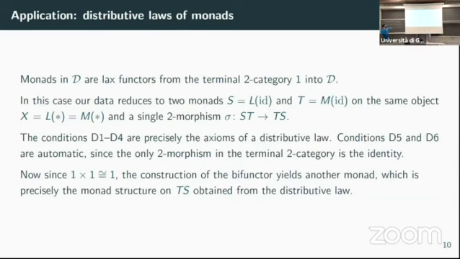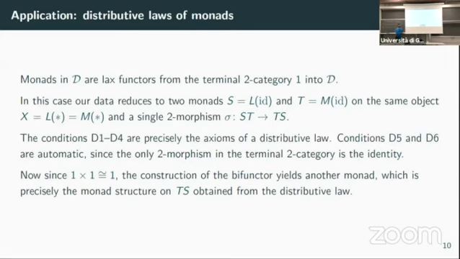Yeah, okay, I'll start at the top, I guess. So I was just explaining that monads can be thought of as lax functors from the terminal category. And in this case, let's see what our construction gives.